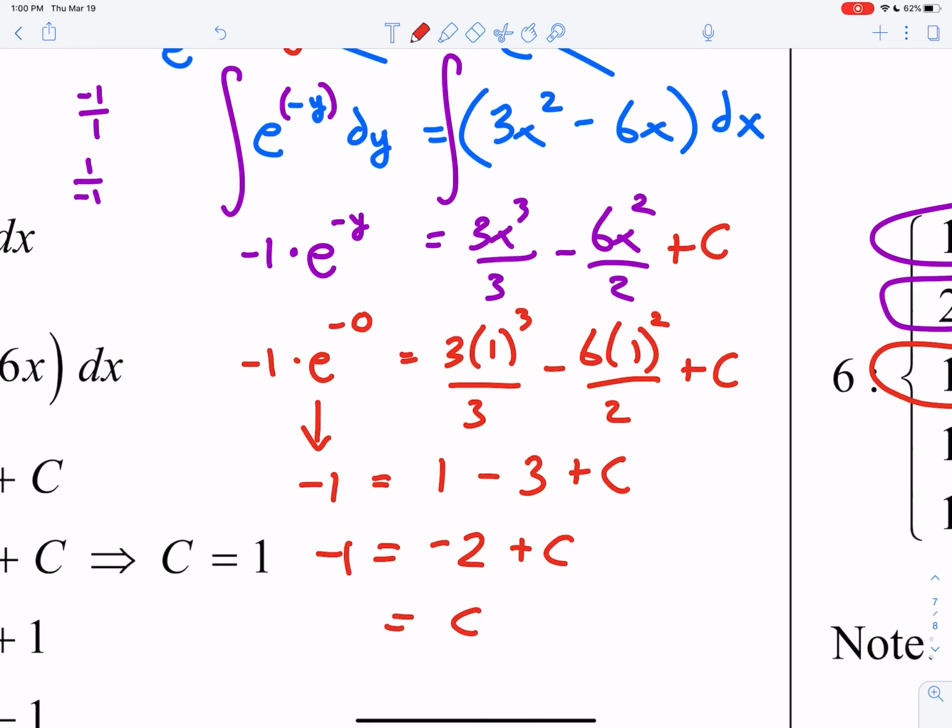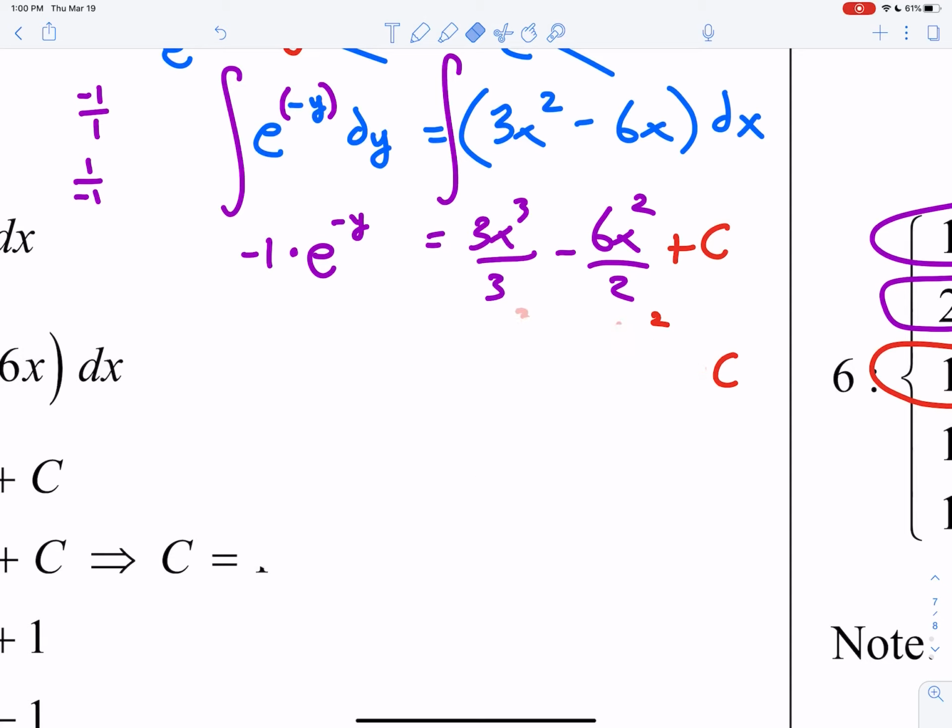That should give me positive 1 if I solve for c. So I'm going to go back because I don't have space. I know that c is positive 1. I plug that back in. On the AP exam, don't go erasing it, just put a plus 1. It's just because I don't have enough space.